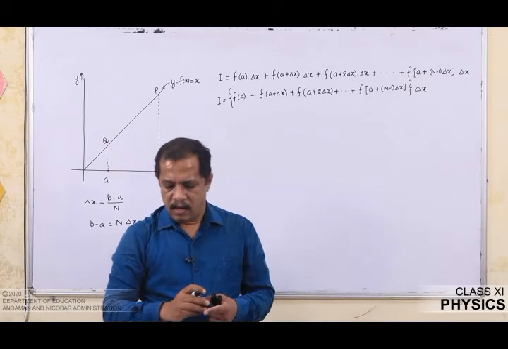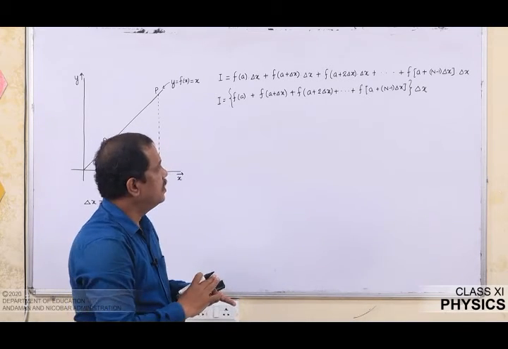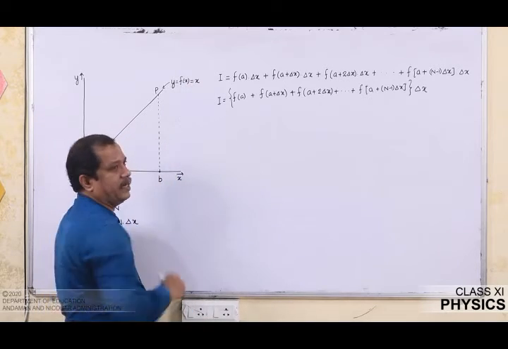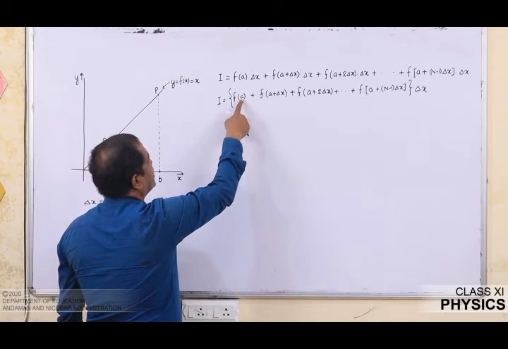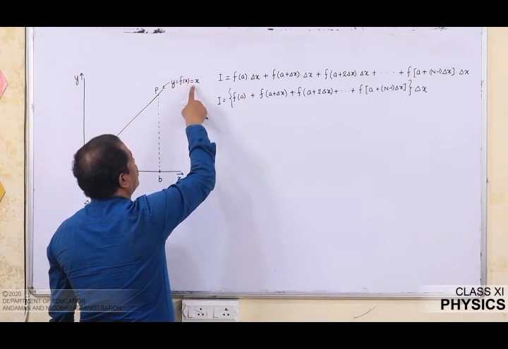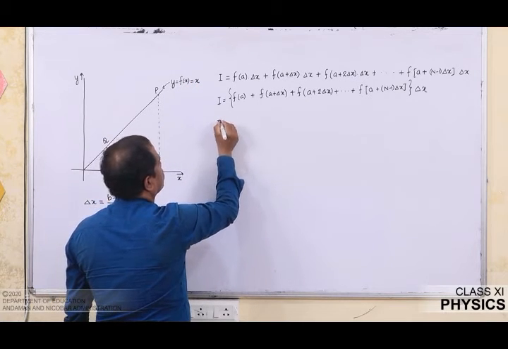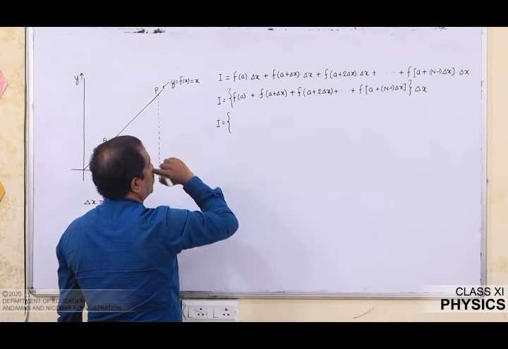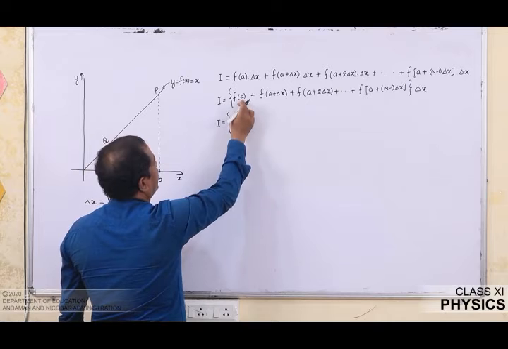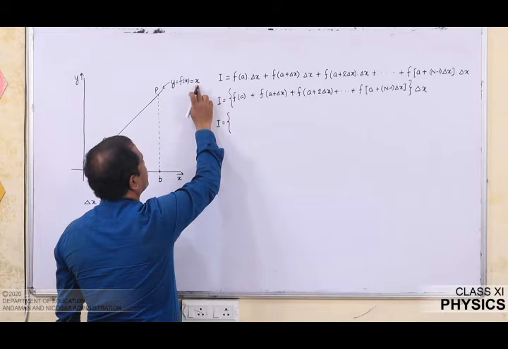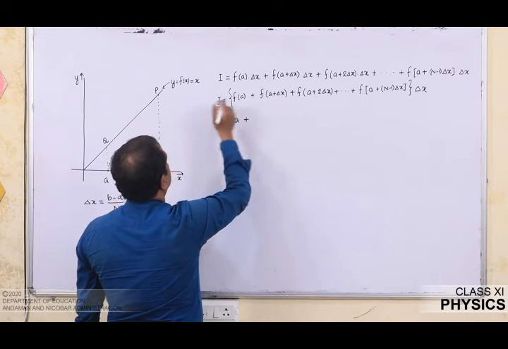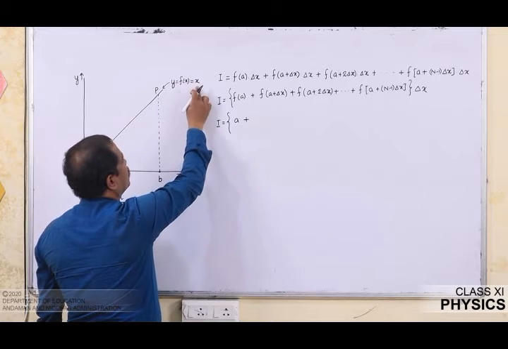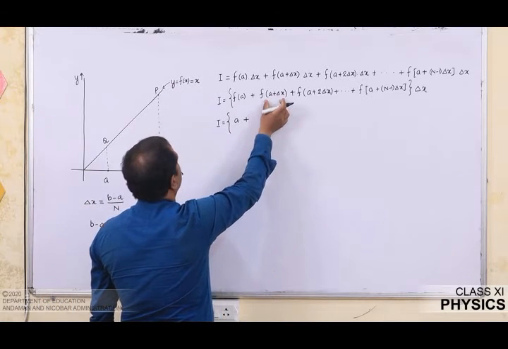times del x. And in that case, I know that for me f of x is equal to x. So, when I have the value of x as a, then when I put a at the place of x, f of a is a for me. So, I is equal to a plus, since I have chosen the graph cleverly, y is equal to x, here I have a plus del x.